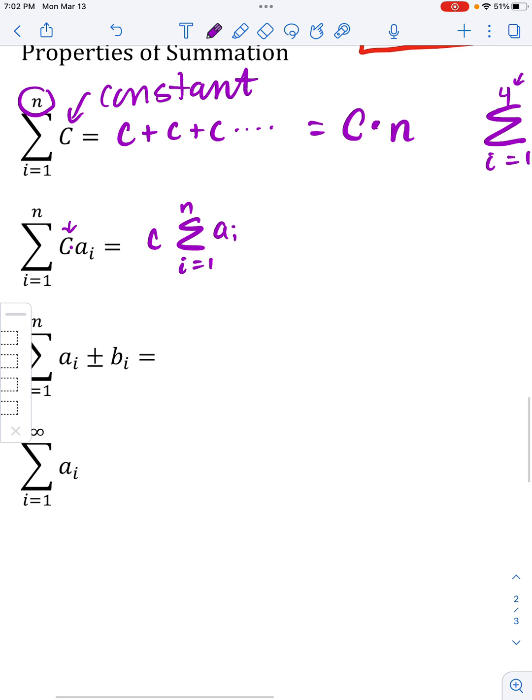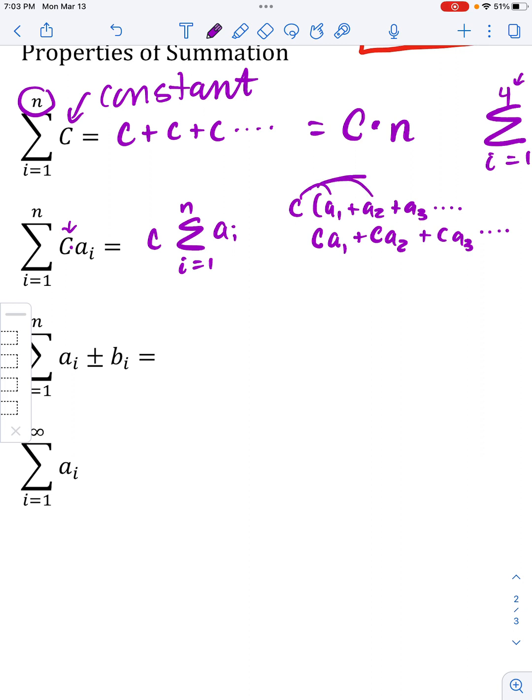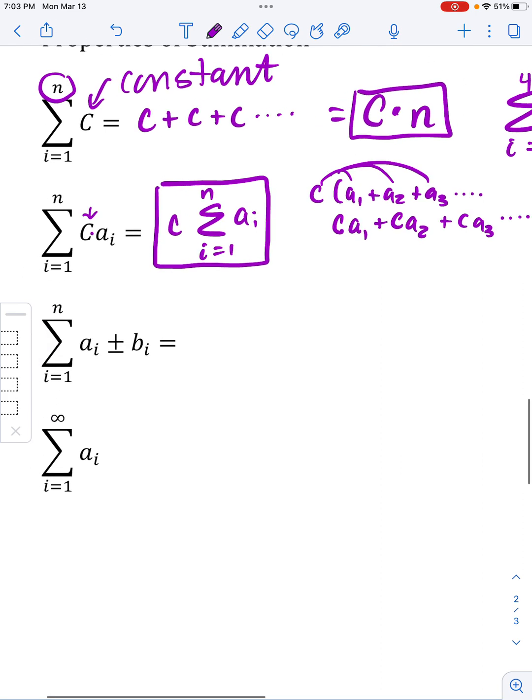Because if I generated terms using it, I'd have that constant times A1, that constant times A2, that constant times A3 forever. And so it's kind of like undistributing. You're just saying, I'm going to pull that out in front and then just figure out the terms without it, knowing that in the end, my answer would have the same value because of distributing. So that's just saying you can take a constant out front, and here you can multiply the constant by however many repetitions you have.